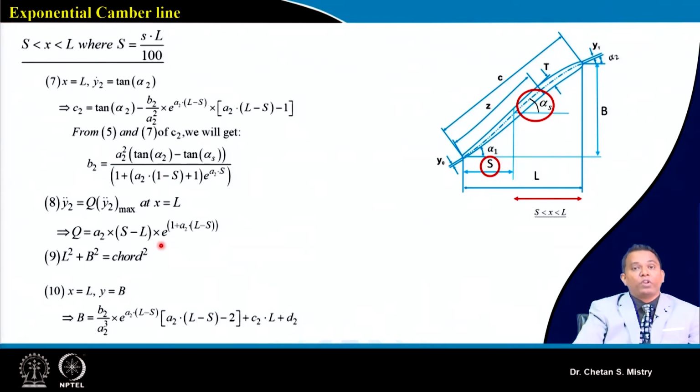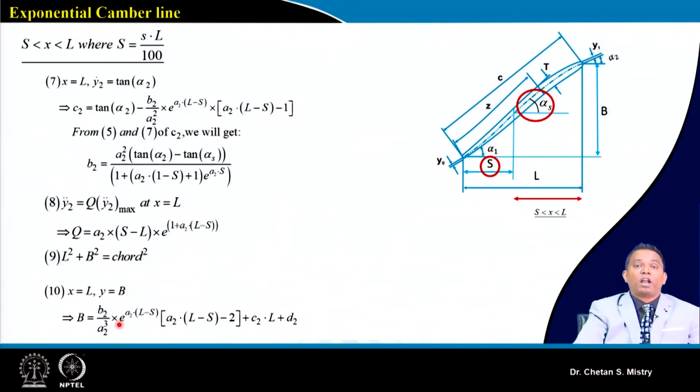And with the same boundary condition, in order to consider the deviation angle configuration, we will be putting the boundary condition of the second derivative and its maximum value. That will give me the value of Q. We know that L square plus B square is chord square, and at x equal to L and y equal to B, that will be giving me the value of B.